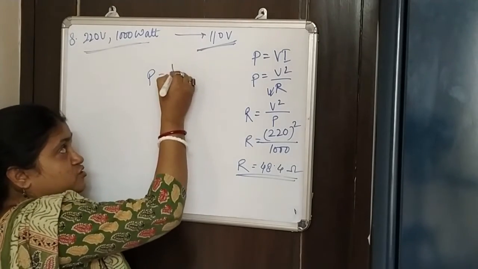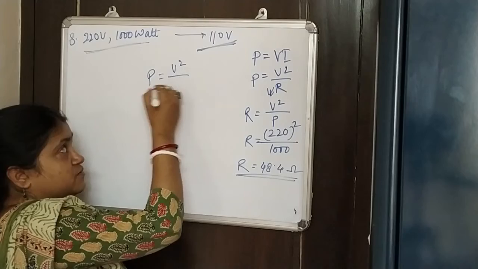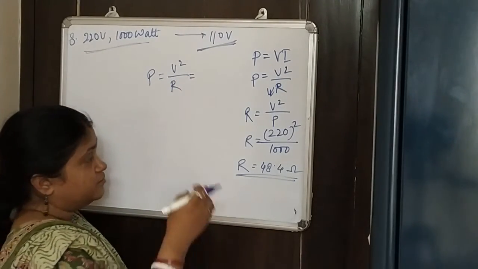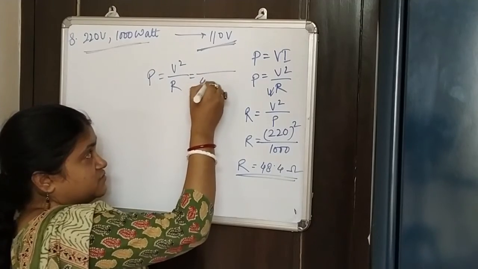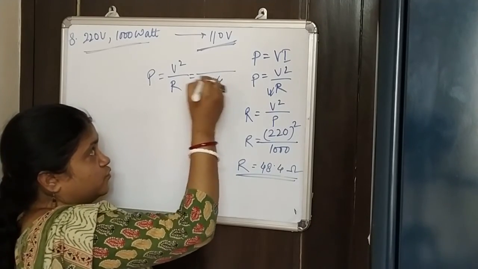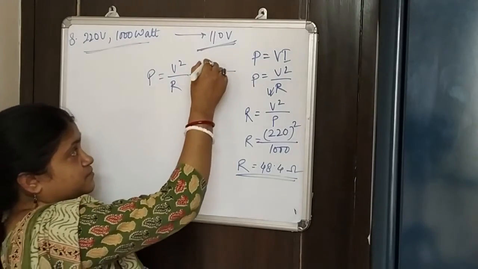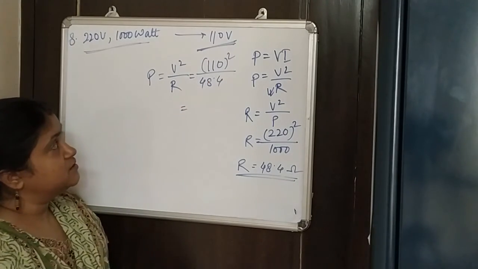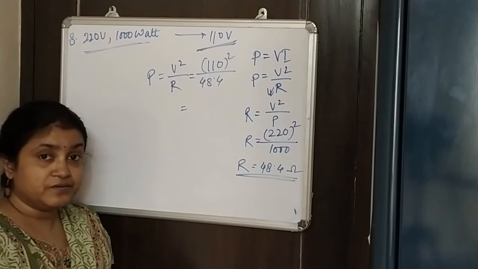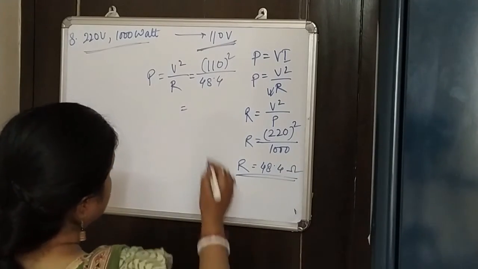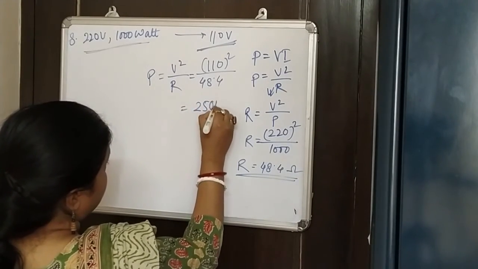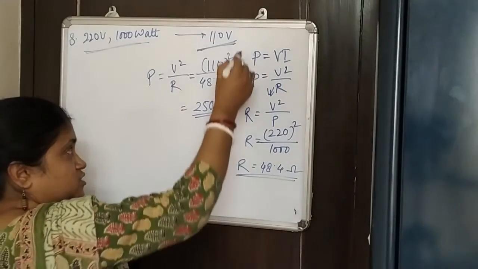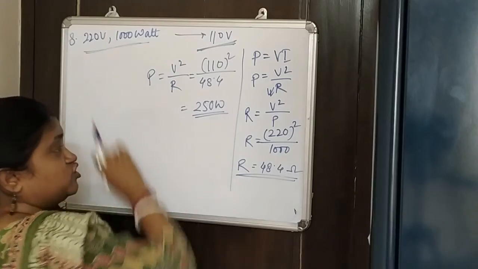The same thing, we use V square by R. The R is fixed for that bulb, so this goes as 110 whole square divided by 48.4. So this is the consumption of the power, and if you calculate, this becomes 250 watt of power.